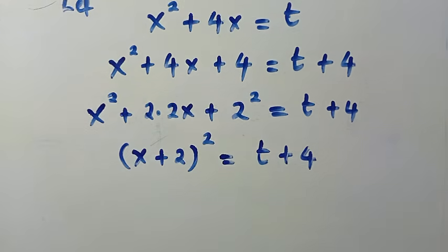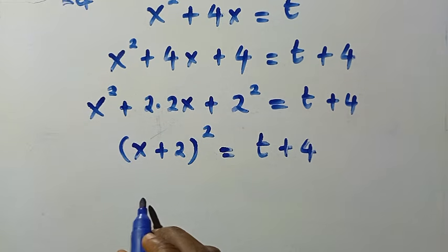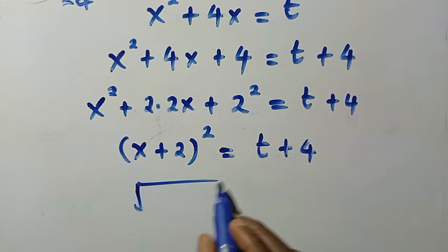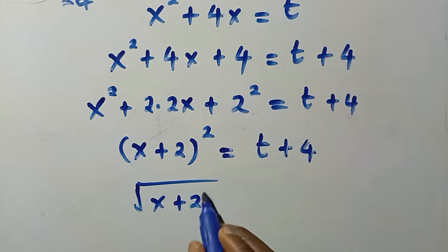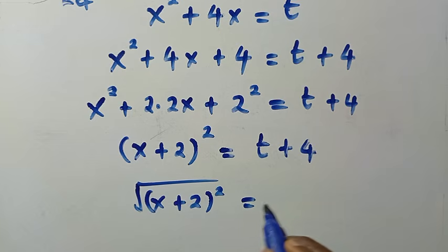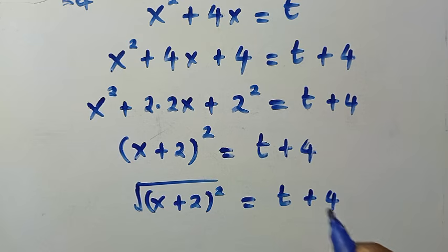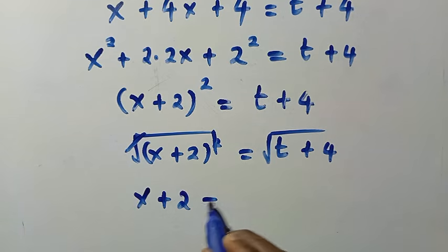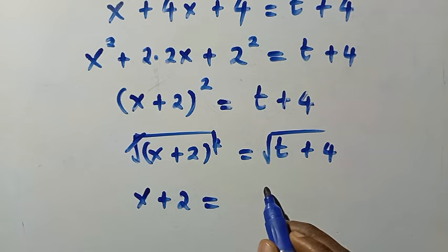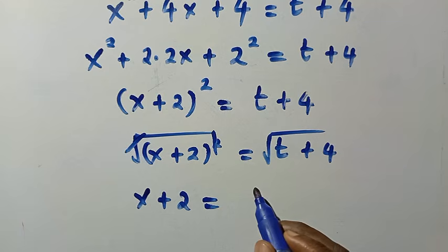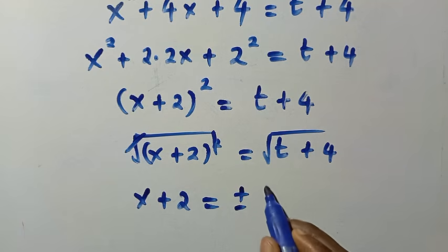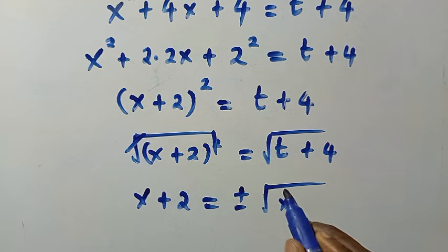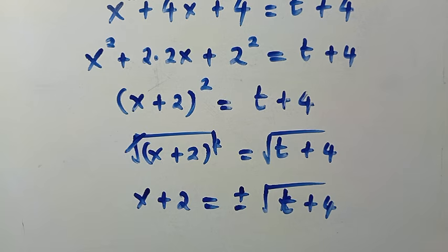And let's take the square root of both sides. By taking the square root of x plus 2 raised to power 2 equals the square root of t plus 4. The square and square root cancel, so we have x plus 2 equals, after taking the square root and without taking the absolute value, there is a need to add plus or minus, the square root of t plus 4.